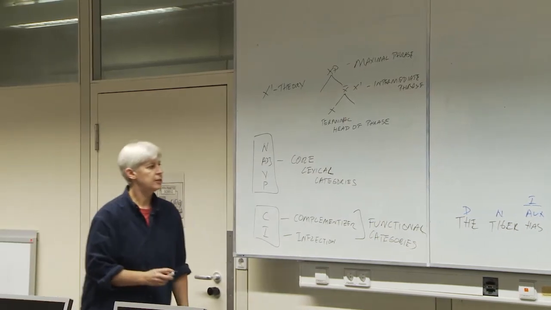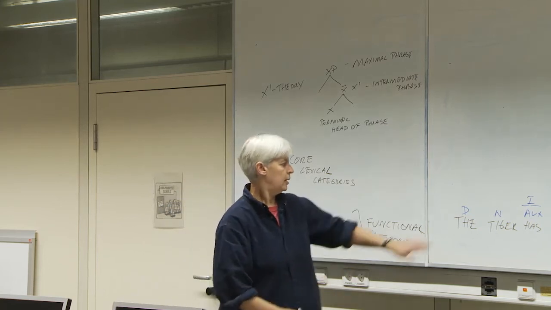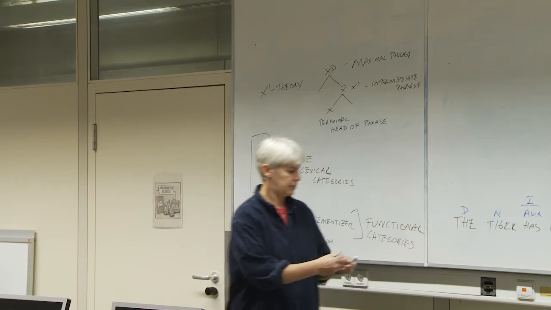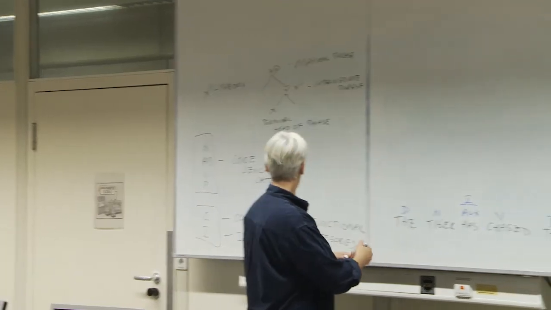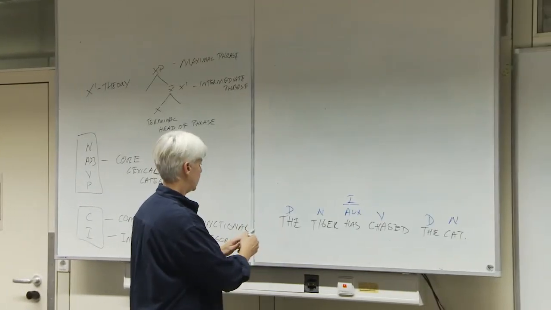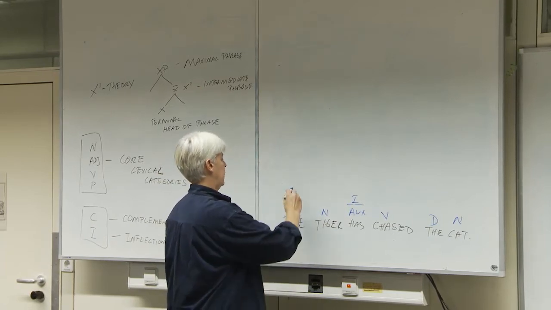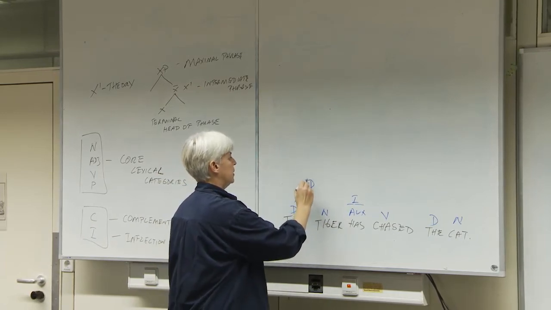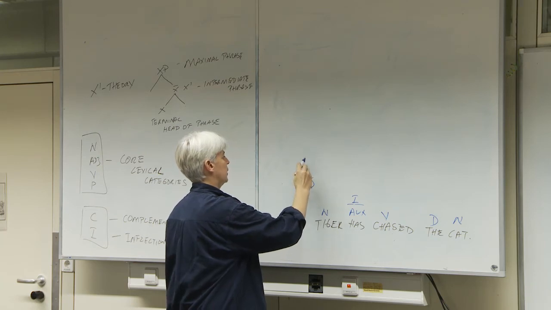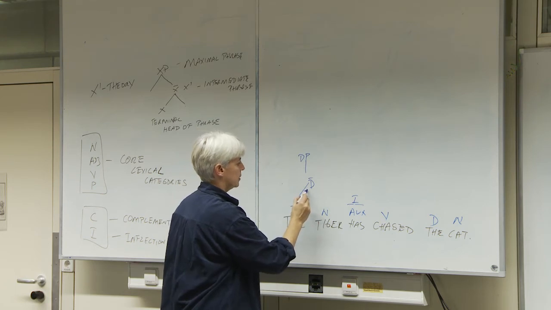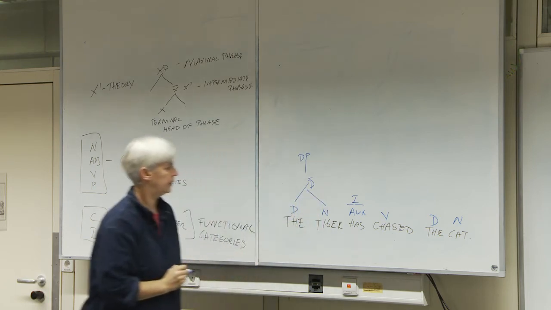So somebody mentioned determiner. There's a debate still going on whether this actually needs to be like this. So if you assume that determiner is one of these projecting categories, then you would have to have this kind of tree. You would say, I'm a D going to a DP, and this is my complement. Okay?